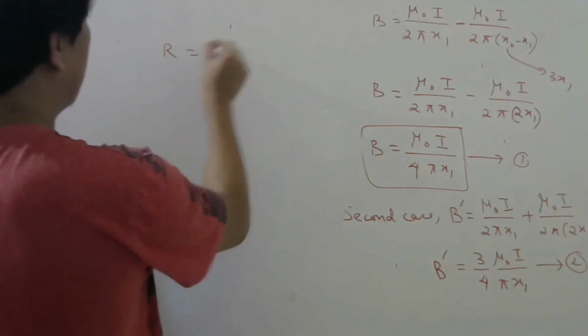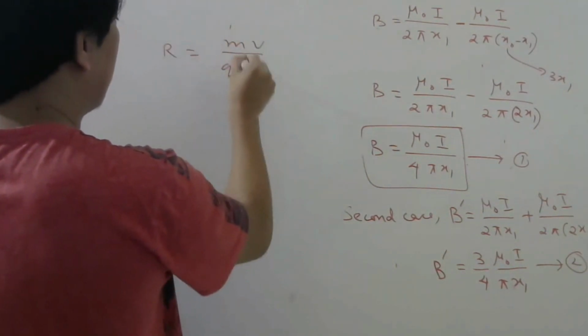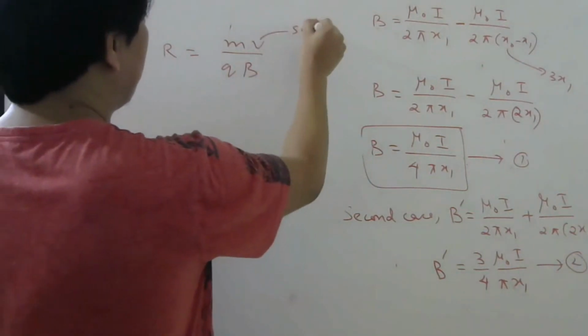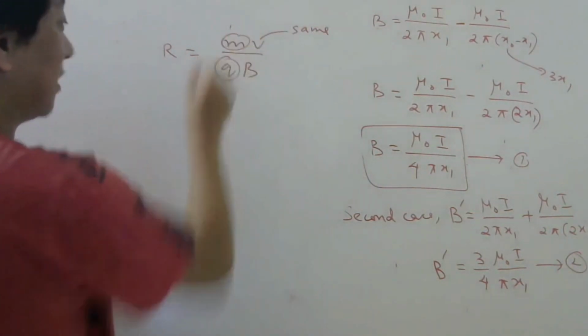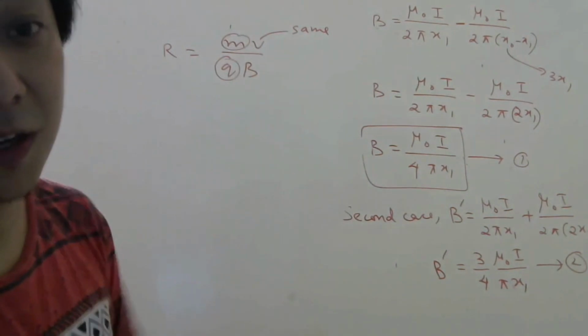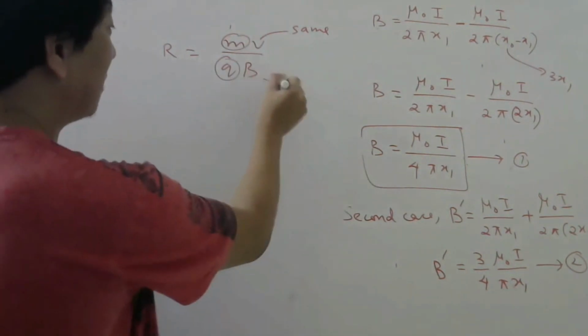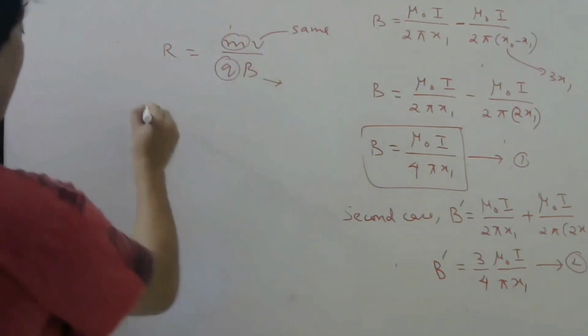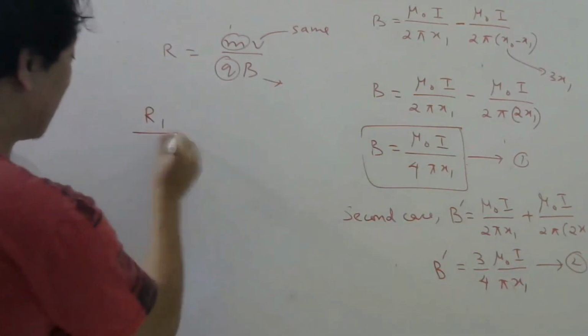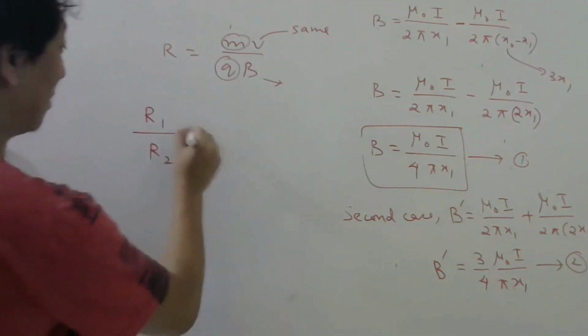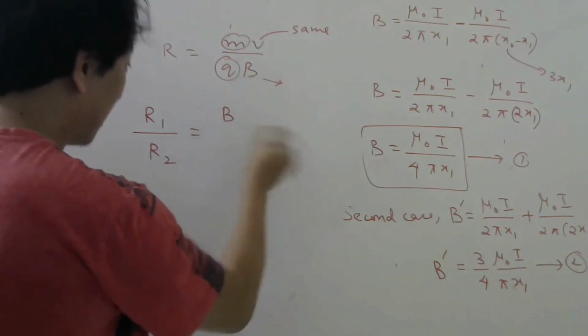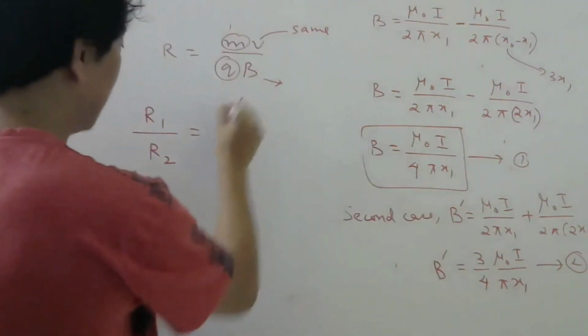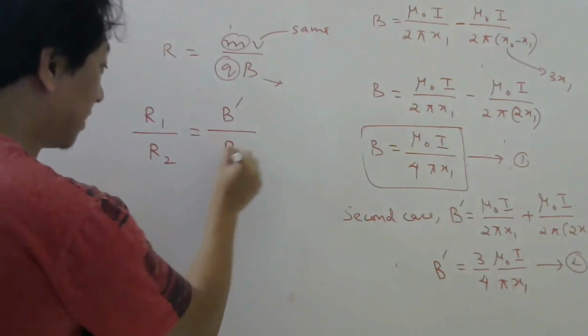Now what is the formula for radius of curvature? mv by qB. v is the same, and mass and charge are the same because the same particle is moving, but in the two cases the magnetic field is different, correct or not? Radius is inversely proportional to the magnetic field, so the radius in the first case divided by the radius in the second case will be the magnetic field in the second case, B dash, divided by the magnetic field in the first case.